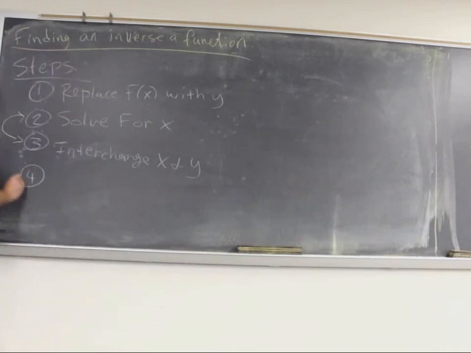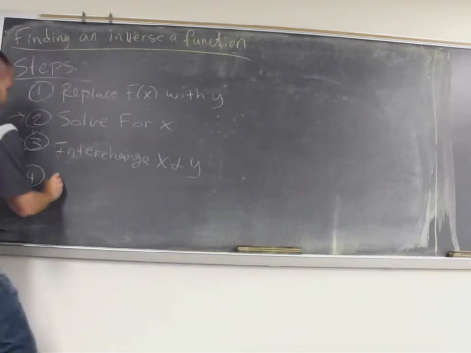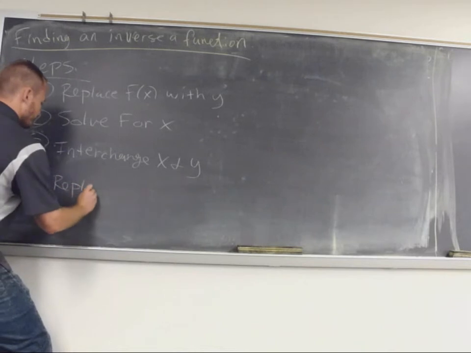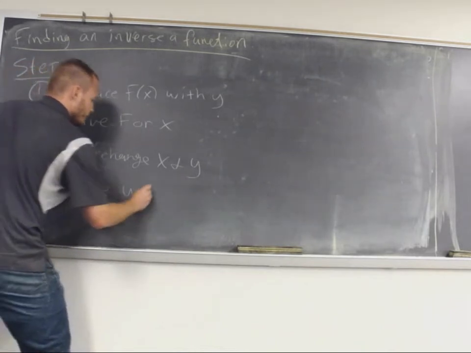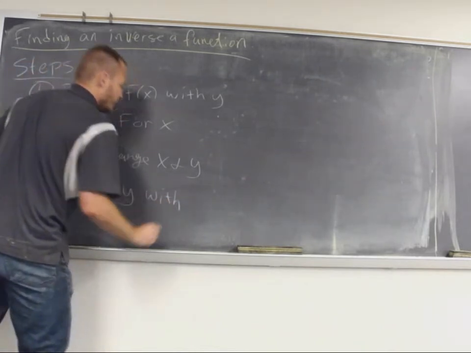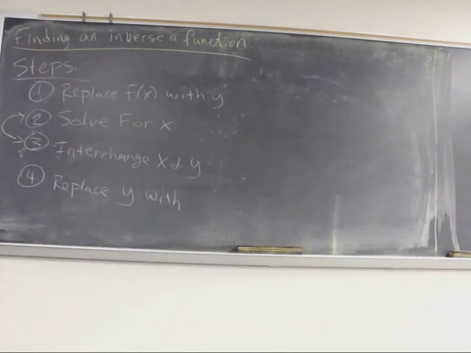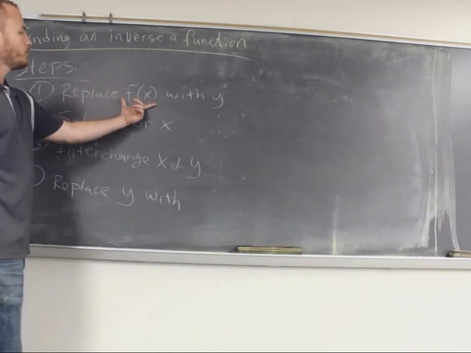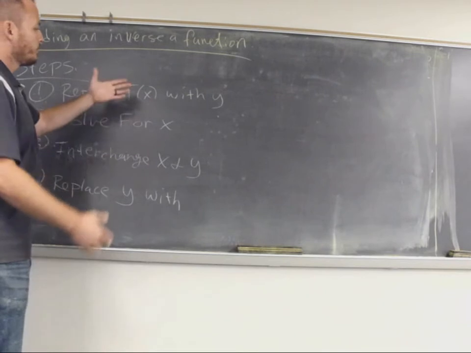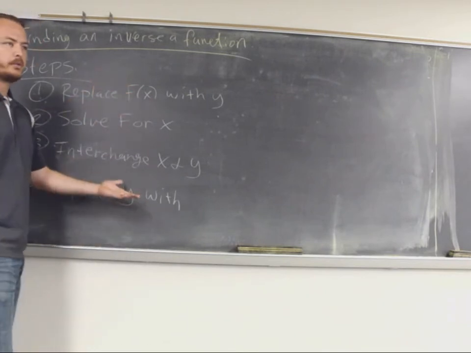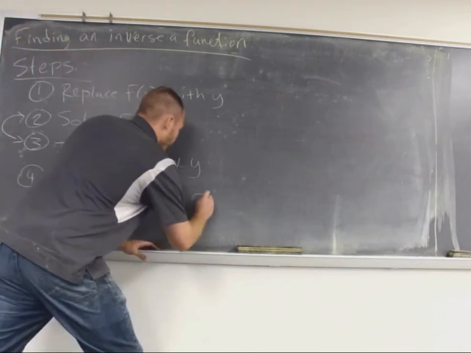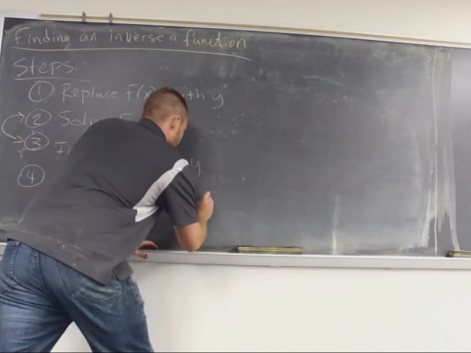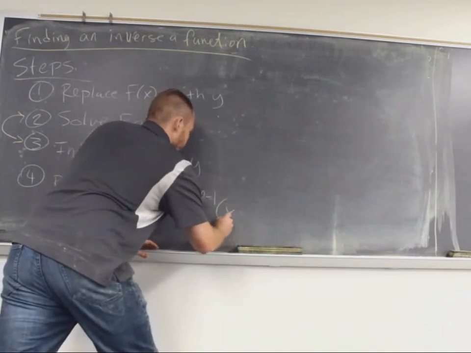And then step 4, you want to replace y with, and here's something new. It's just a notation thing. This is what our original function is labeled, and then when we do these steps to find our inverse, we label the inverse as f inverse of x.